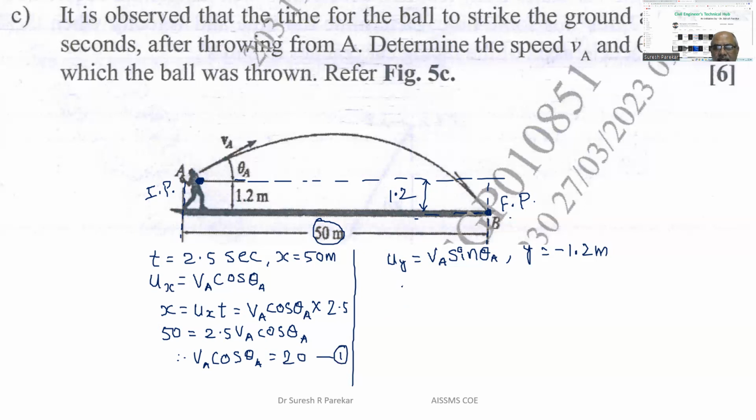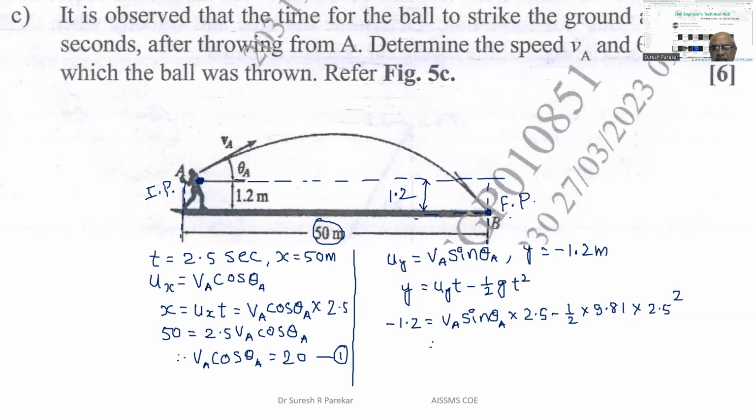Now we will go to another equation. y is equal to uy t minus half g t square, because we have motion under gravity. y is given as minus 1.2. uy is given as VA sin theta A. t is given as 2.5, minus half into 9.81 into 2.5 square.